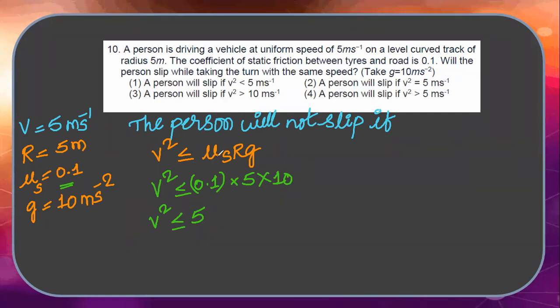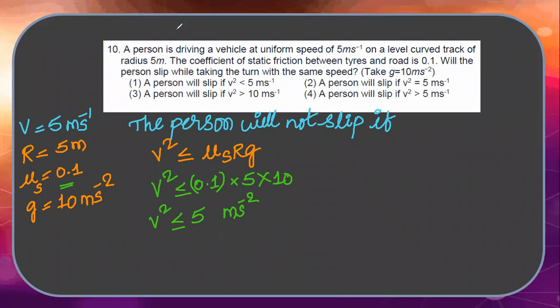Then when will he slip, they have asked. In the options, the condition for not slipping is not there; they have asked when the person will slip. If v square is less than or equal to 5, he won't slip. But if the velocity is greater than this, he will slip.